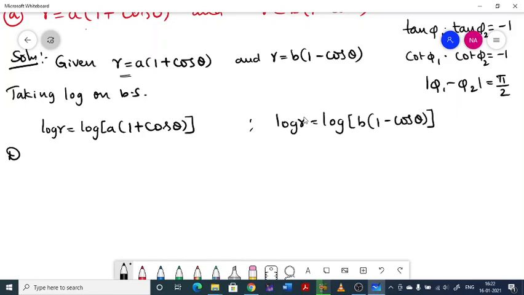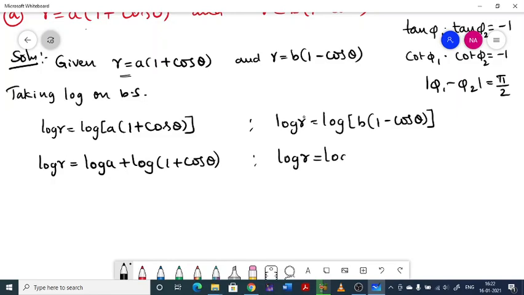Now differentiating with respect to theta on both sides, before differentiating we need to simplify this expression further. It will be a bit easier. Log r equal to log a plus log of 1 plus cos theta, and here log r equal to log b plus log of 1 minus cos theta.